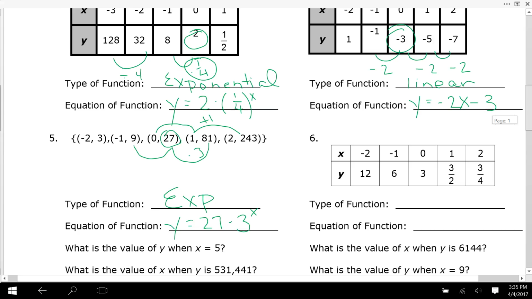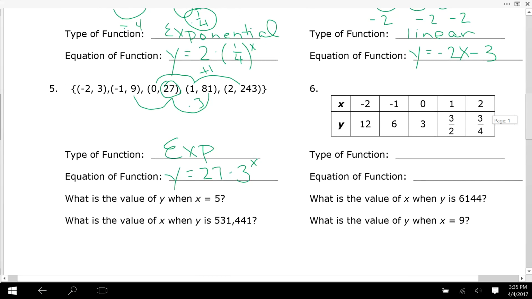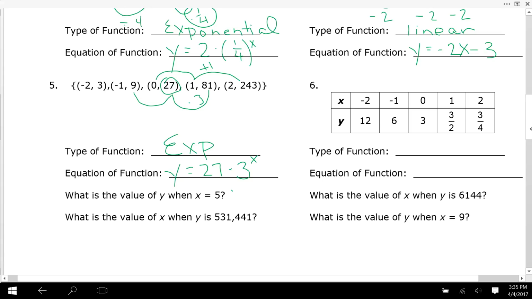And if I want to find what y is when x is 5, I have 27 times 3 to the 5th, which I'm not going to work out. Use my calculator. And I get 6,561.